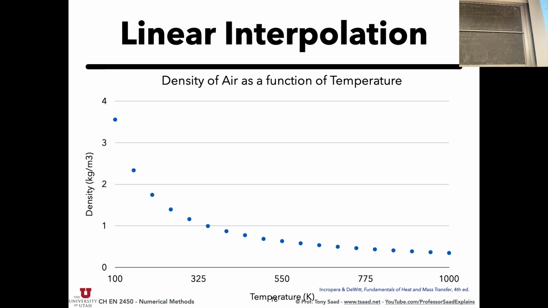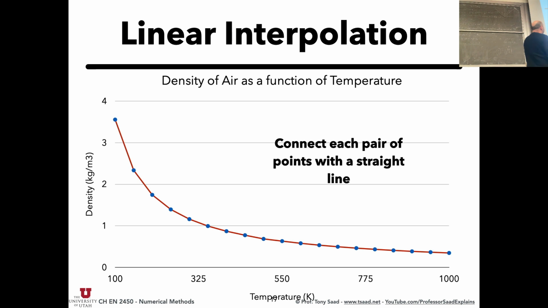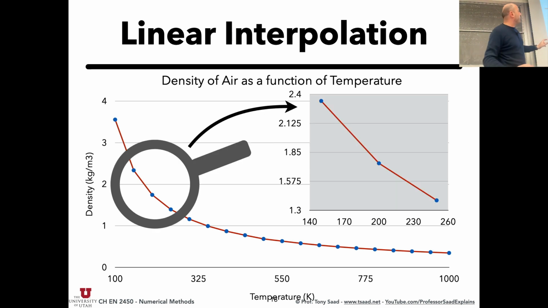Wouldn't you wish there was a way to apply linear interpolation once and for all for an entire data set that could have 1,000 points in it, and then just reuse it as needed? Okay? This is exactly what we do with this procedure. There's a mechanism in Python that allows us to connect a straight line between each pair of points. Okay? So if you were to zoom in here, this is what's happening.